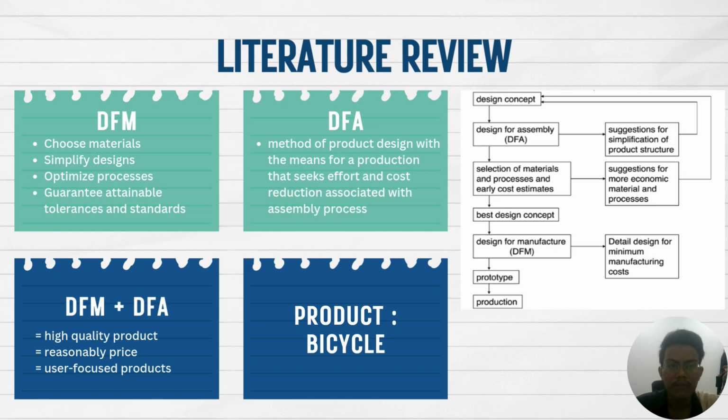Over the years, advancements in bicycle design have focused on improving performance, comfort, and safety, while also considering manufacturing and assembly efficiencies. This literature review explores the evolution of bicycle design, with a particular emphasis on design for manufacturing and assembly principles, which aim to optimize the design process to reduce costs and enhance product quality.